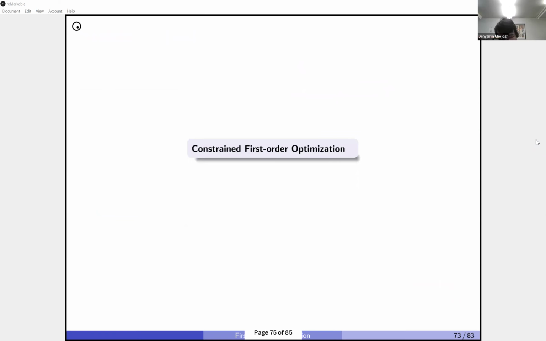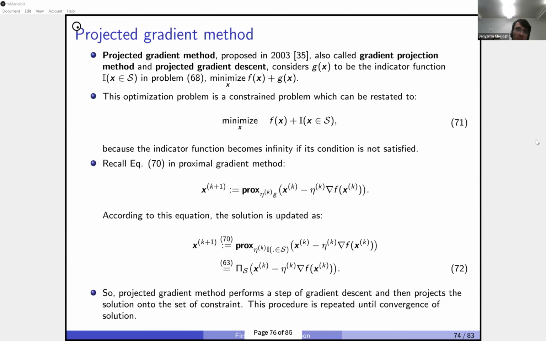Now, interesting. Up to this point, whatever we talked about was mostly about unconstrained first order optimization problems. What if our optimization problem is constrained and we want to solve it iteratively using first order methods? We can do it in this way.